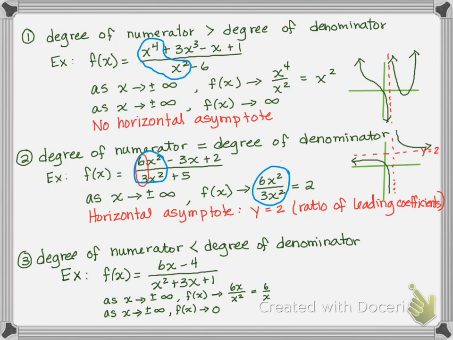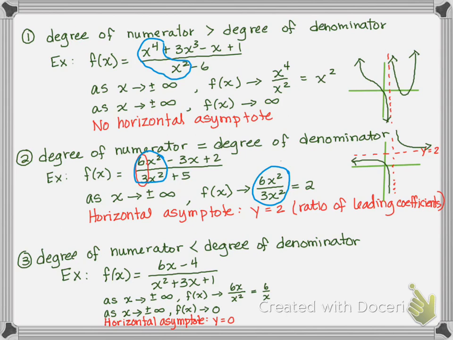Which means that our horizontal asymptote is y equals 0. So very similar to that second case, except here it's just always y equals 0. We don't have to worry about the coefficients or anything because that bottom is always going to outweigh the top. So it's always just going to go to 0.